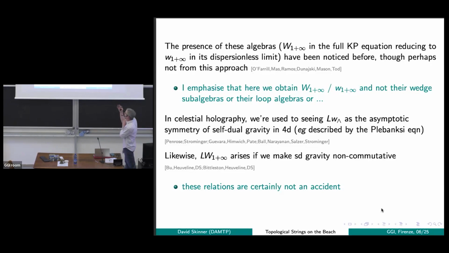These relations, the fact that these similar algebras are arising, is definitely no accident. I'm not saying that pejoratively. It is clear that it is no accident. The relation is well understood by Lionel in particular in the dispersionless case.